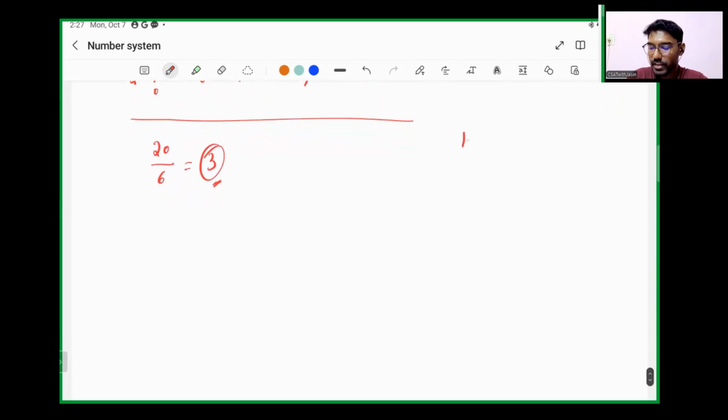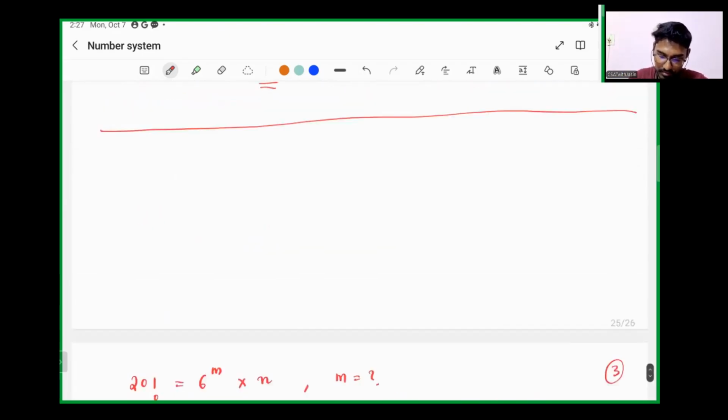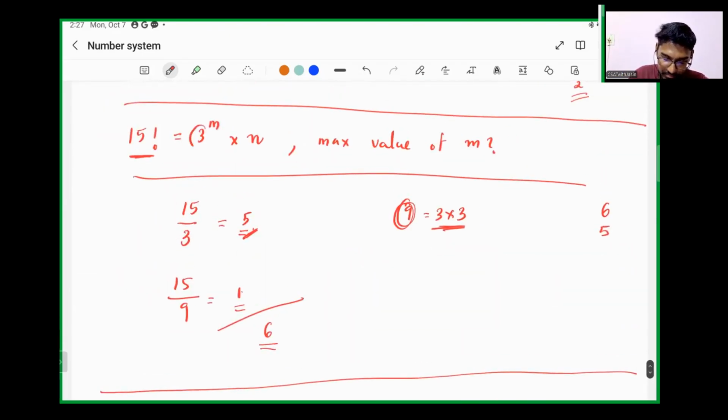I told you, for 180 factorial, how many zeros are at the end. If there is 110, there will be one zero. If there is 210, there will be two zeros. You needed to find the number of tens, but you were finding the number of fives. Why? Because 5 into 2 was becoming a 10. That happens here also.